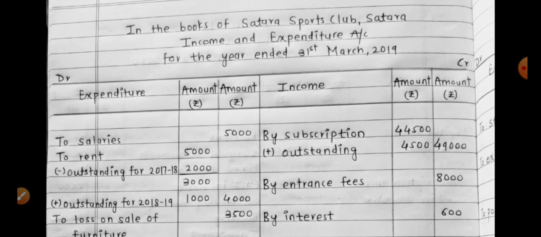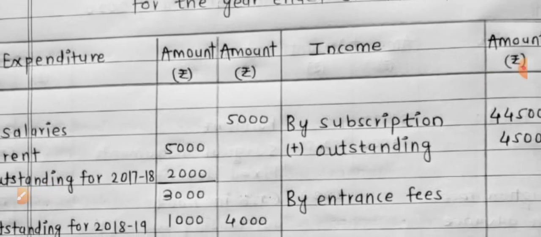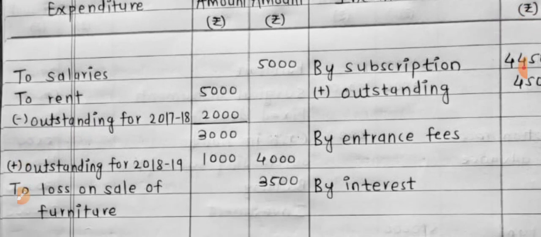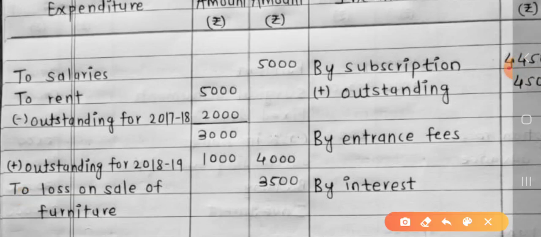Here it is. Salaries, rent, minus for the previous year rent, and plus outstanding for the current year. So exact rent for this year is 4,000.